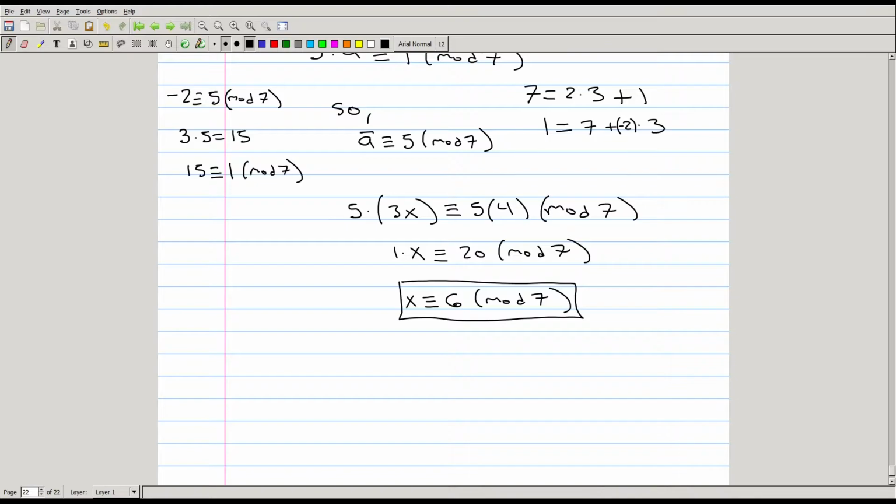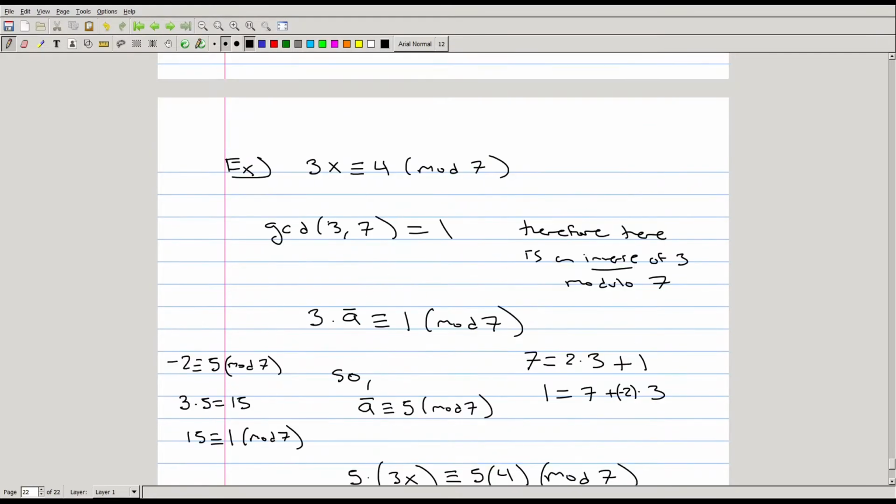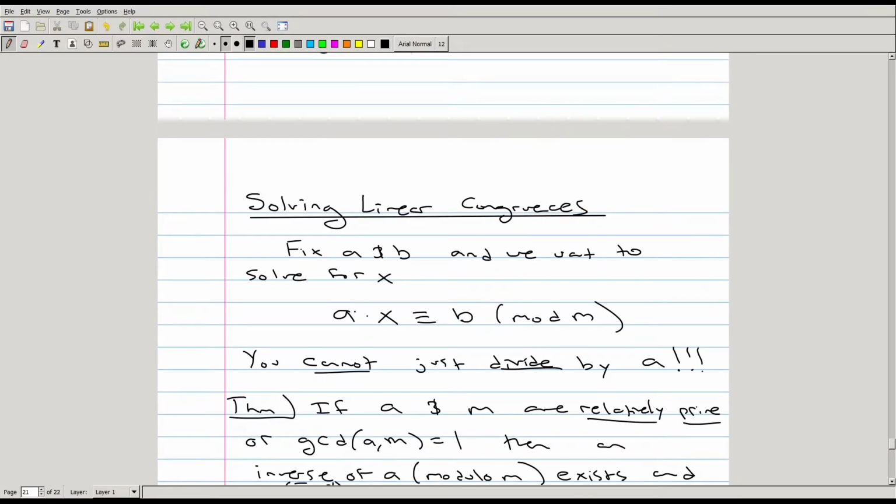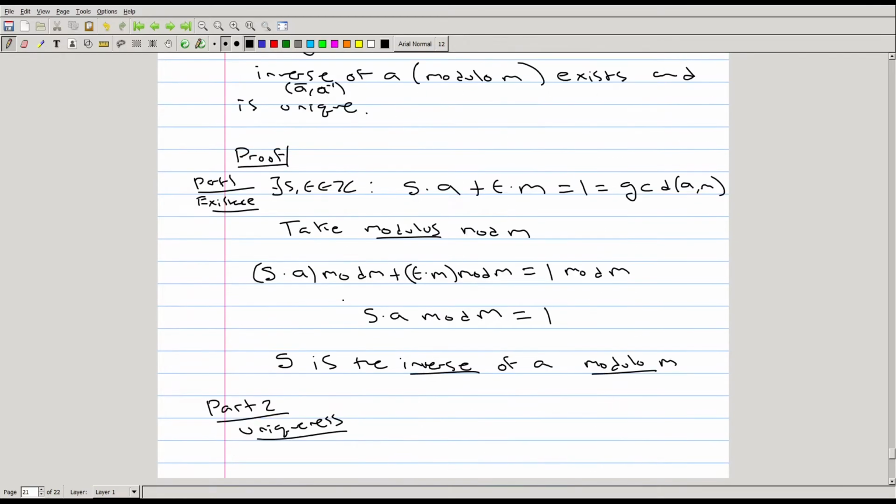This idea can be extended to more complicated functions, more complicated ideas. Specifically, if you were to add a value to ax, so you have ax plus some value c is congruent to b, you can use the same method to go through and solve for x, which is very impressive.